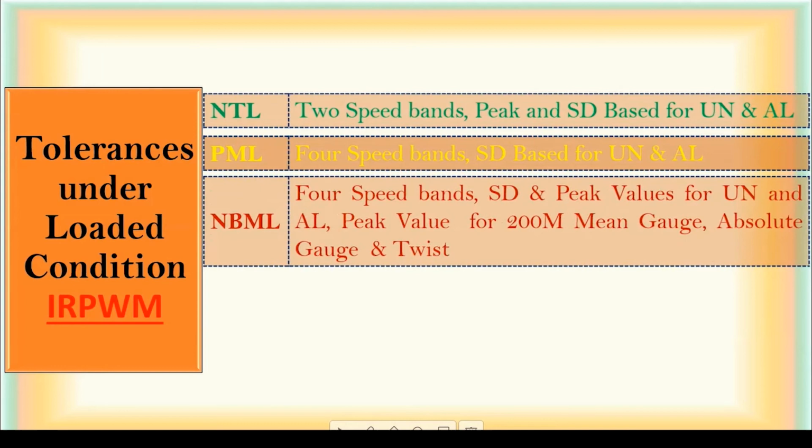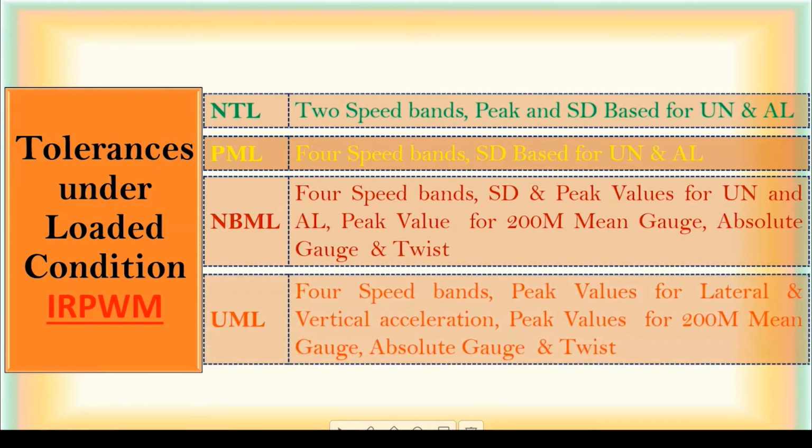Yes, sir. And then last is UML, which is again in 4 speed bands, peak values for lateral and vertical acceleration, peak values for gauge, average gauge, and absolute gauge and twist. So these are all tolerances laid down in IRPWN for loaded conditions.